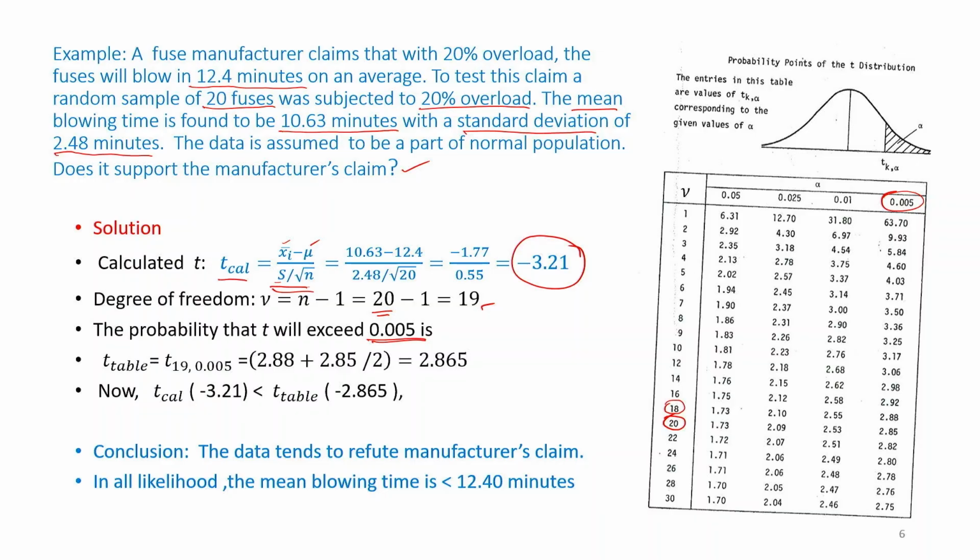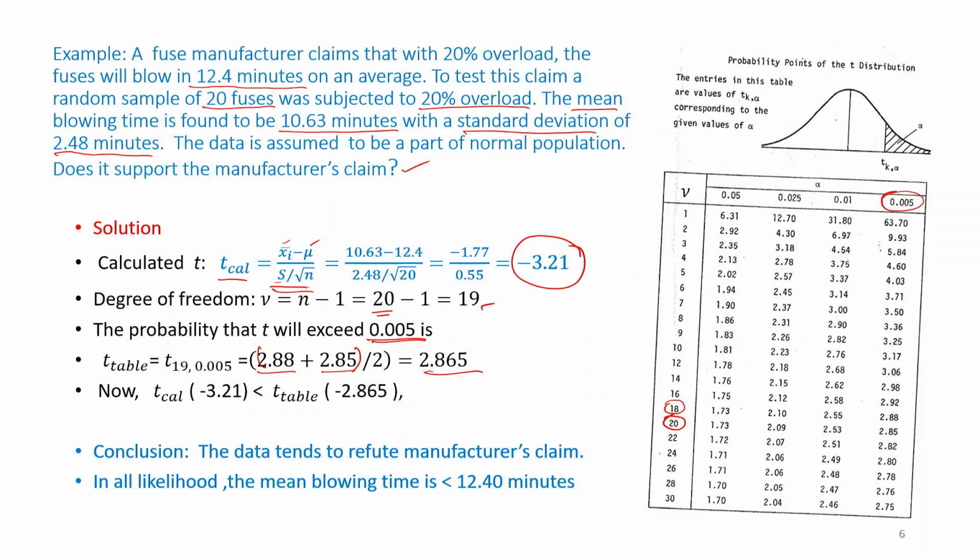But if we consult some other book, you may find that T19 exists there. So we take 2.88 and 2.85, sum them up and then divide by 2. We get a figure 2.865. That is the value of T that we get from the table.